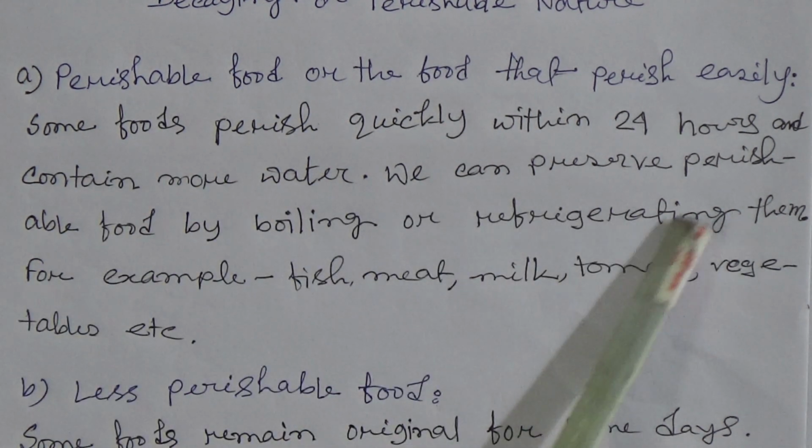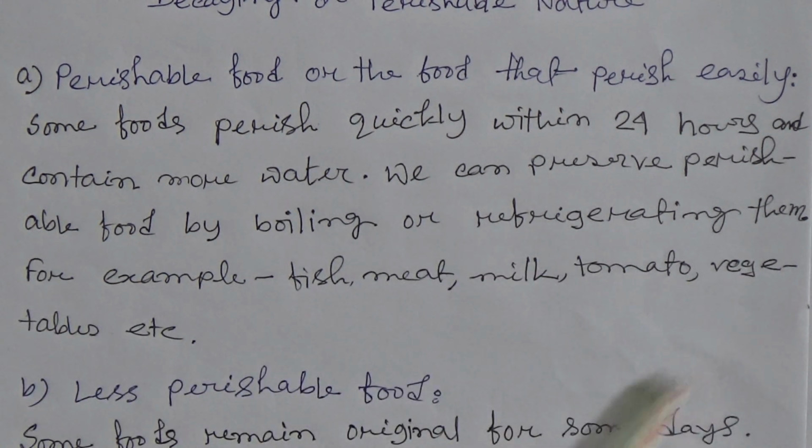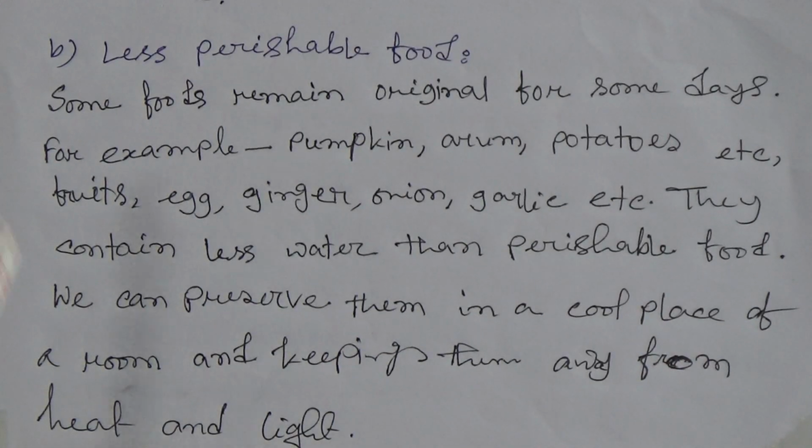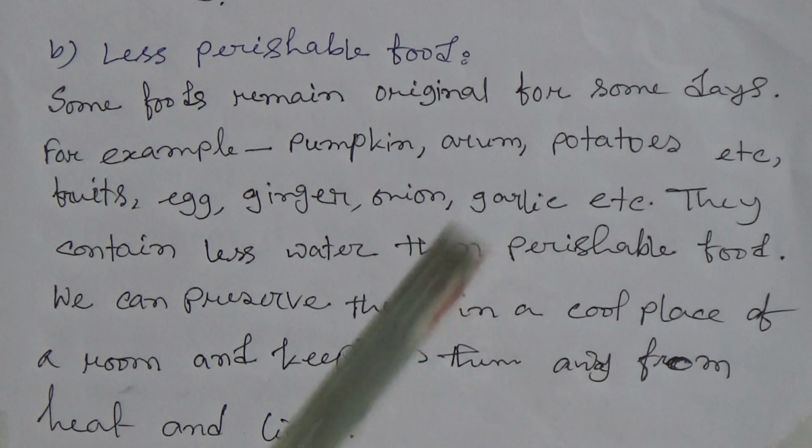We can preserve perishable food by boiling or refrigerating them. For example, fish, meat, milk, tomato, vegetables, etc. Okay, these are different types of foods that can be perished easily. So we can preserve them by boiling or refrigerating them.